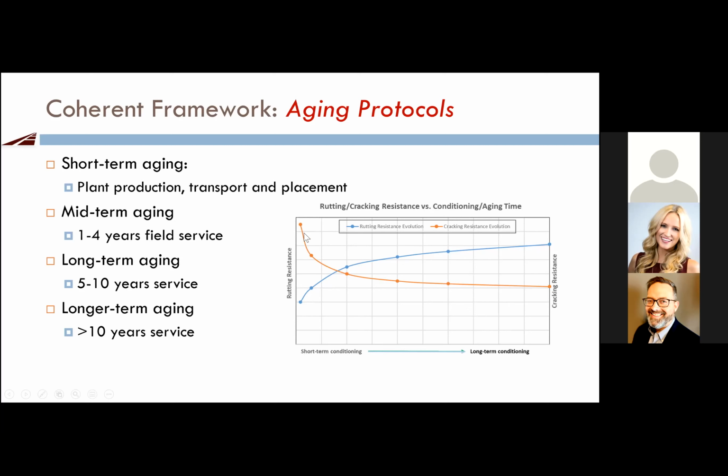But for cracking, we need to consider short-term and also what we call mid-term. Beyond that we don't want to talk about 10 years, because most overlays crack in less than 4 years. So here we call it mid-term aging.